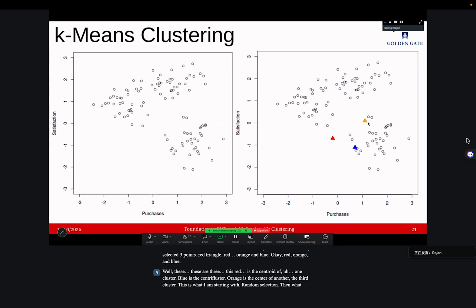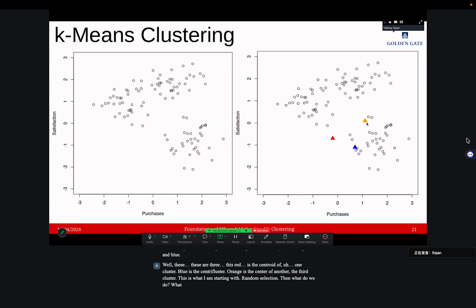Then what do I do? For each point in the data, I find which centroid that point is closest to. So let's say this point here. That point is closest to red.